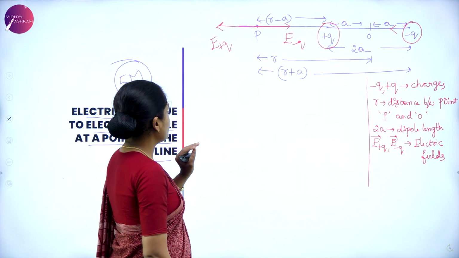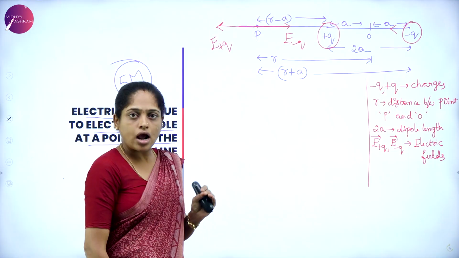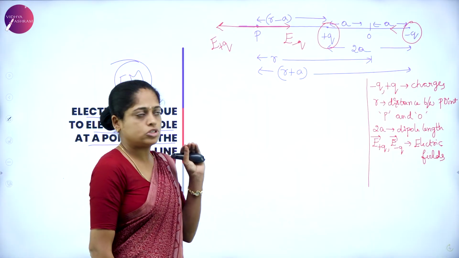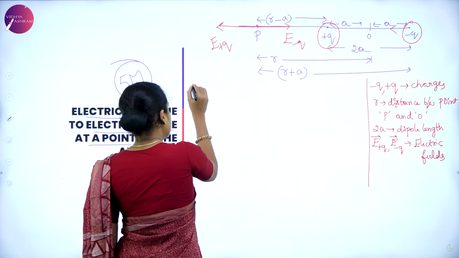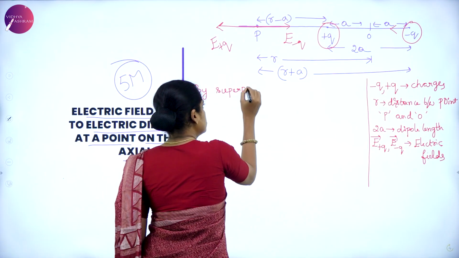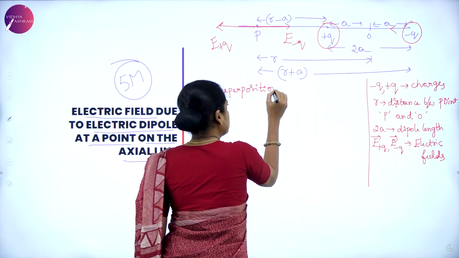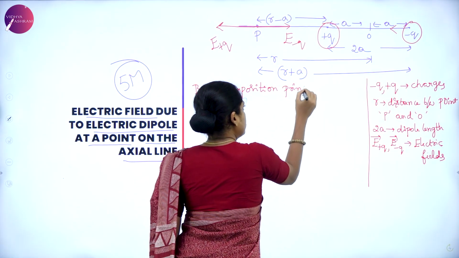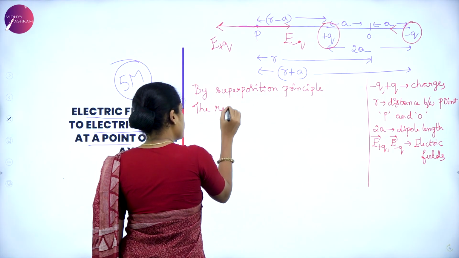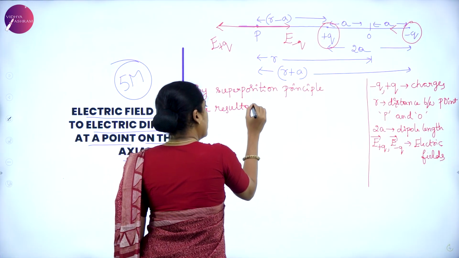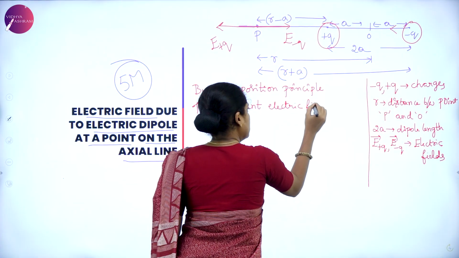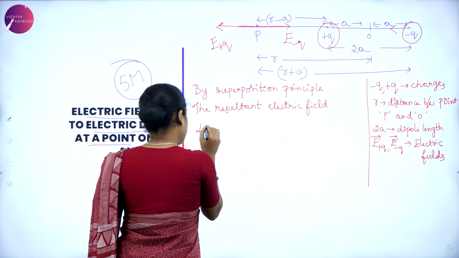Our next step is to find the resultant electric field at point P. To find the resultant electric field, we need to use the superposition principle. So, by superposition principle, the resultant electric field, E should be in vector.